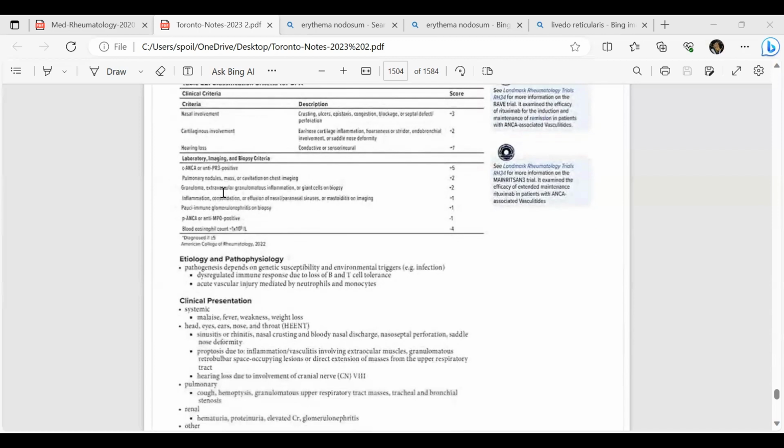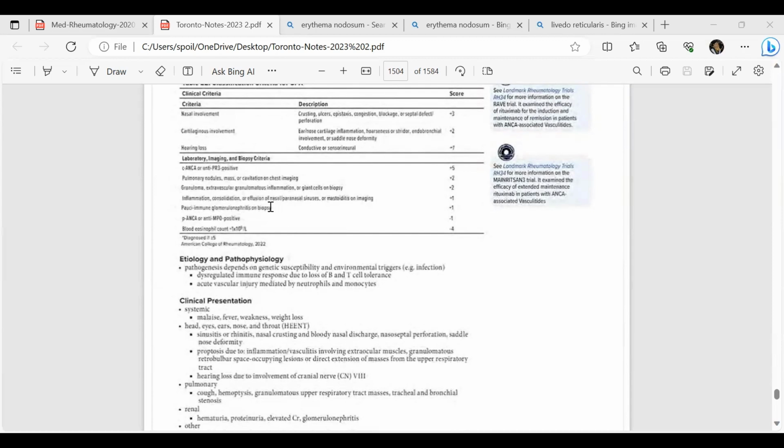Laboratory findings or imaging or biopsy criteria: if cANCA or anti-PR3 is positive, then it's 5. Pulmonary nodules, cavitation on chest imaging, then it's 2. Granuloma and granulomatous inflammation, giant cell on the biopsy, then it's again 2.